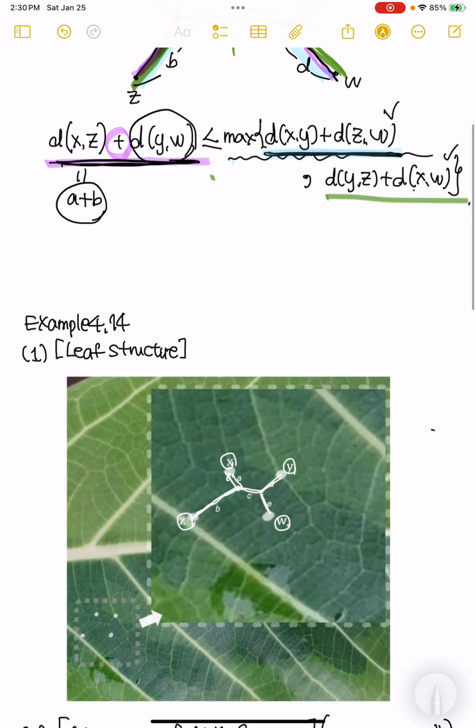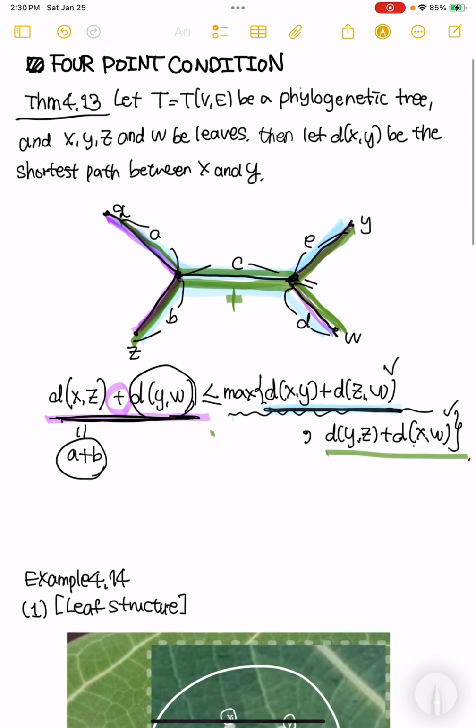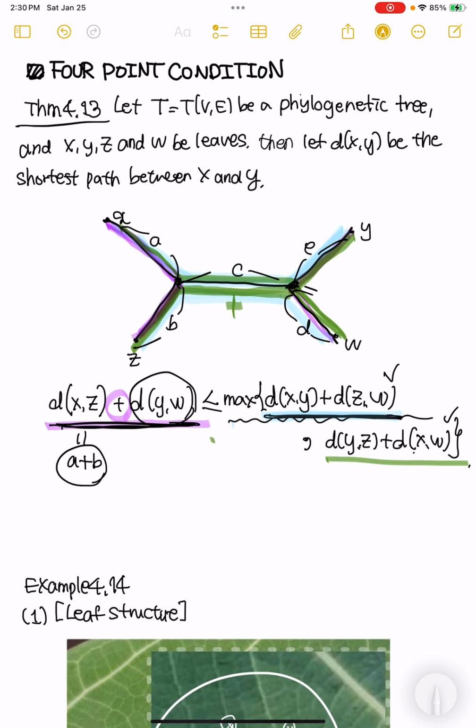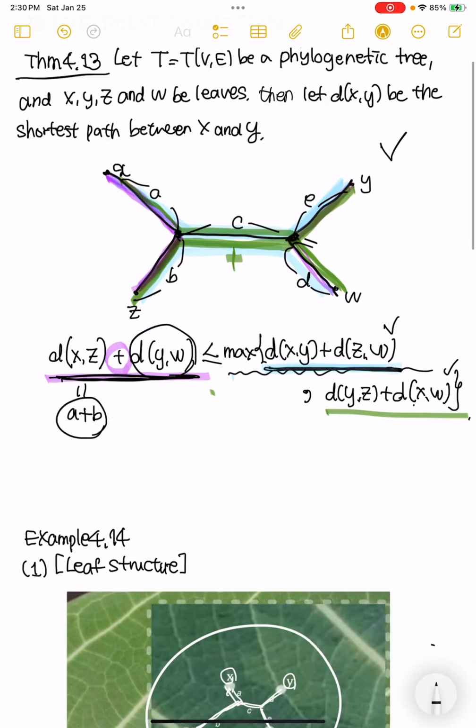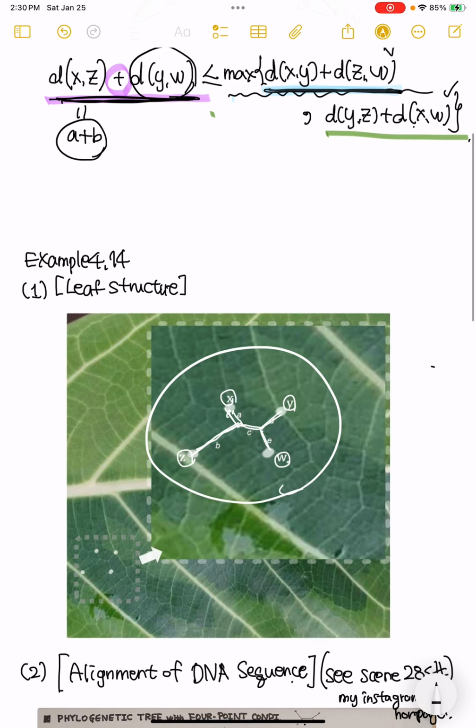That figure is similar to the four-point phylogenetic tree that I explained. So in this vein structure, on the leaf, we can check the four-point condition.